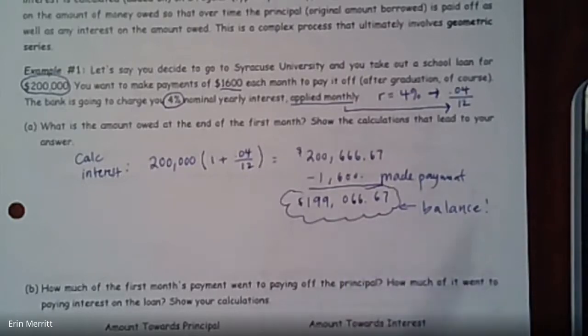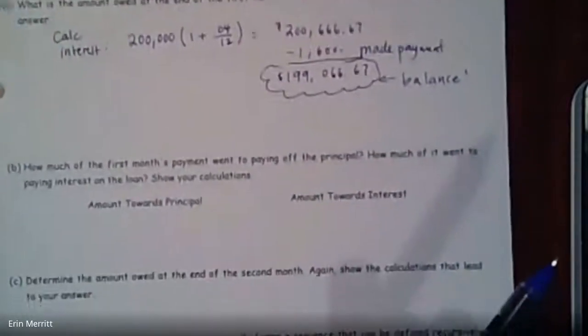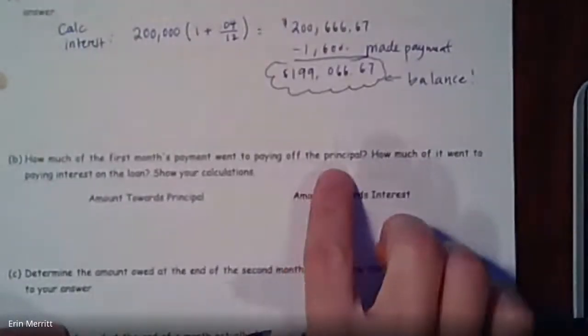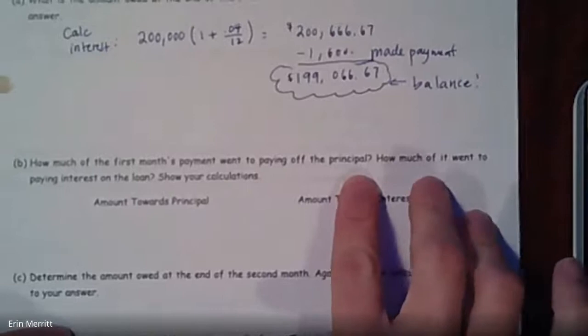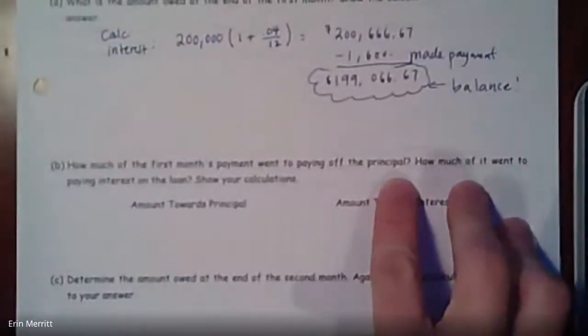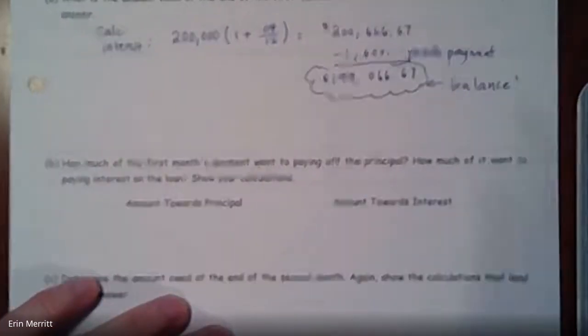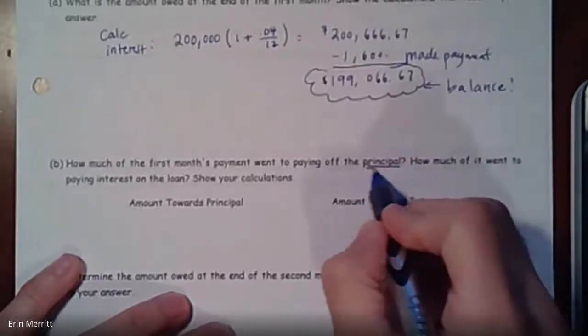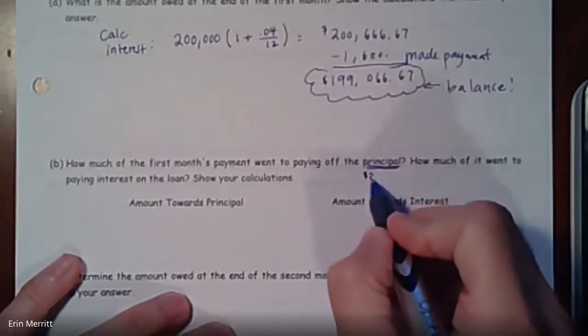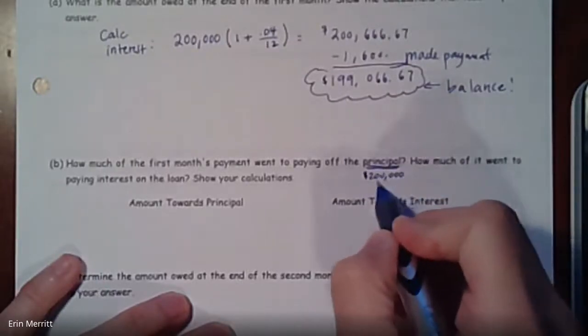All right. So when it asks how much of the first month's payment went towards paying off the principal, the principal is the bulk of the loan that you made to begin with. So that's the original $200,000 loan.